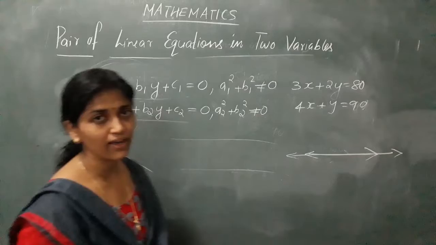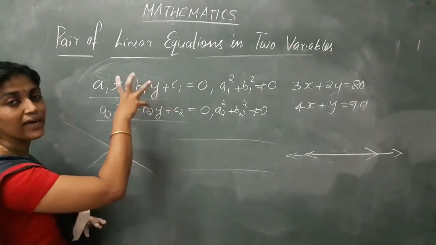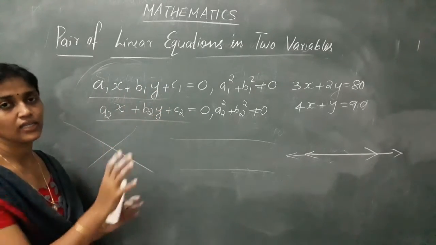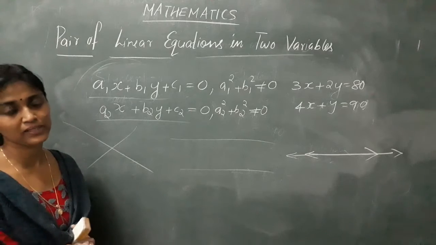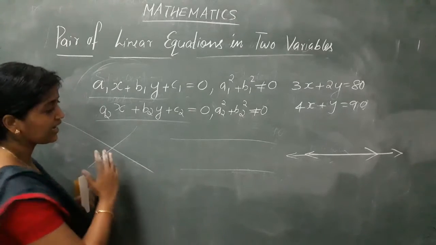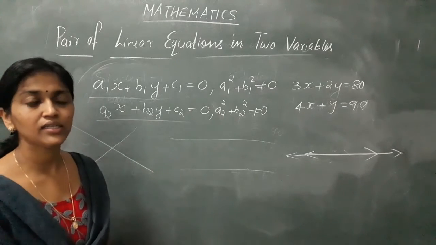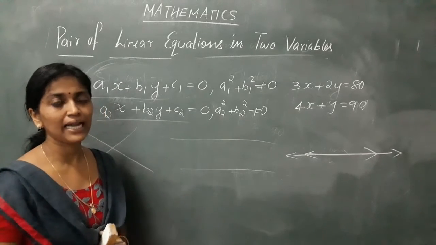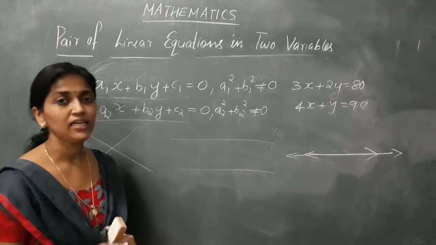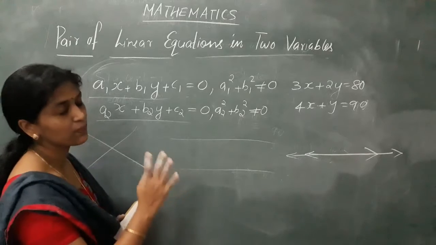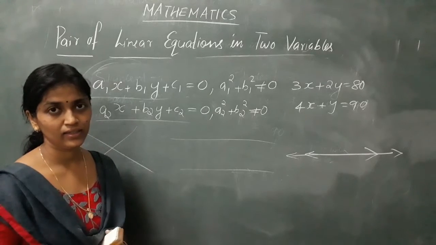In the same way, when we draw the pair of linear equations in a graph, or represent it geometrically, we will get any one of these conditions. That is, it will be a parallel line, an intersecting line, or a coincident line.